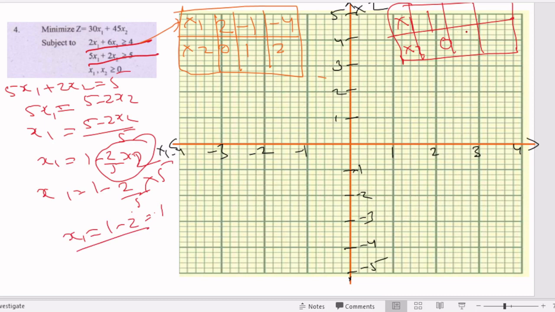So when x2 is 5, x1 is minus 1. Simple. Now we can take minus 5. The 5 will get cancelled, but here minus will become plus. Now it is 3. So when x2 is minus 5, x1 is positive 3.